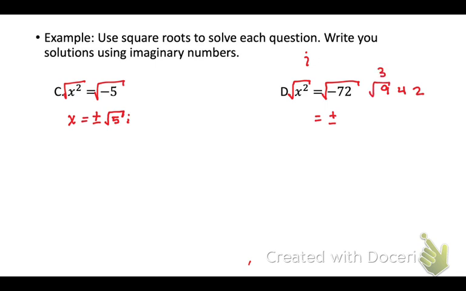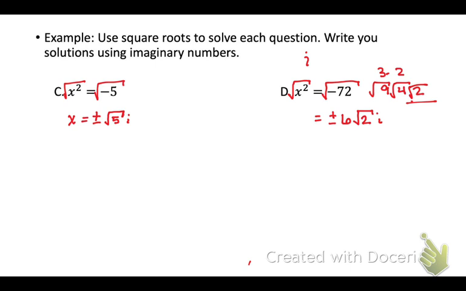What's the square root of 4? 2. So I can bring out 3 times 2, which is 6. And if we would have been smart, we would have said, oh, 36 is in there, but we aren't. That's all good. And then we have left in a square root what? 2. So we have the square root of 2. And then we get an i.